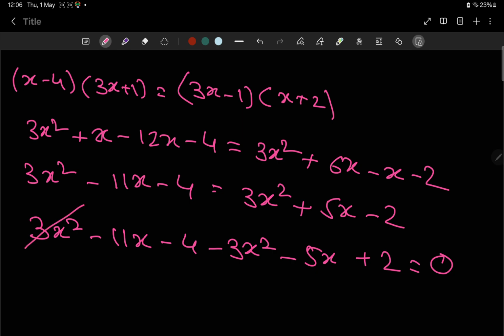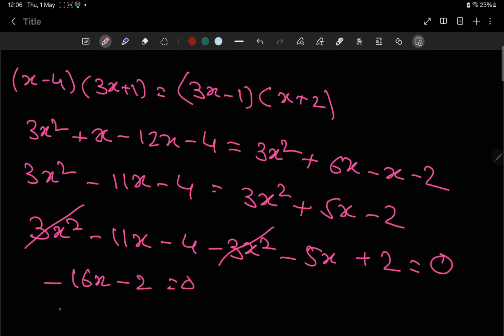And 3x square and minus 3x square will be cancelled because the result will be 3 minus 3, which is 0, so we can directly cancel them. So minus 11x minus 5x, it will be minus 16x, and minus 4 plus 2 is minus 2, is equal to 0.